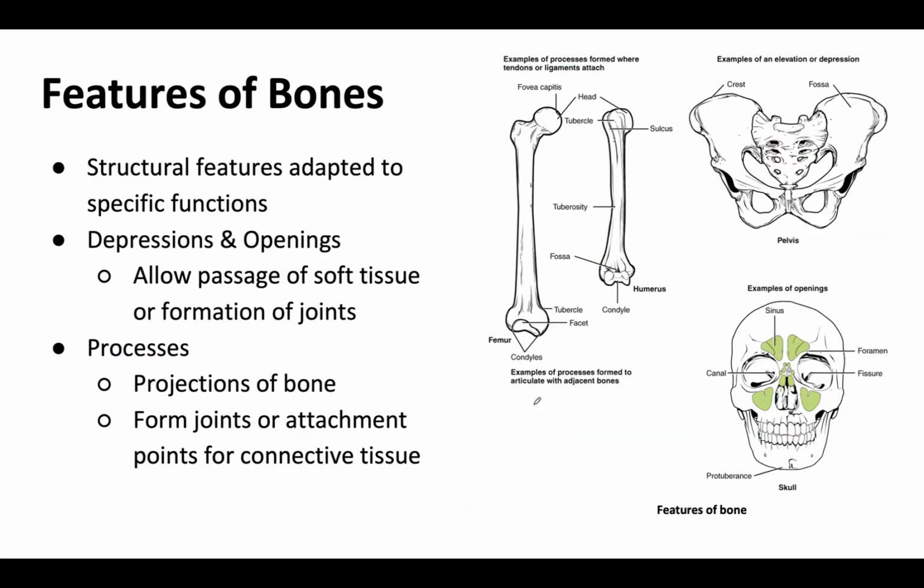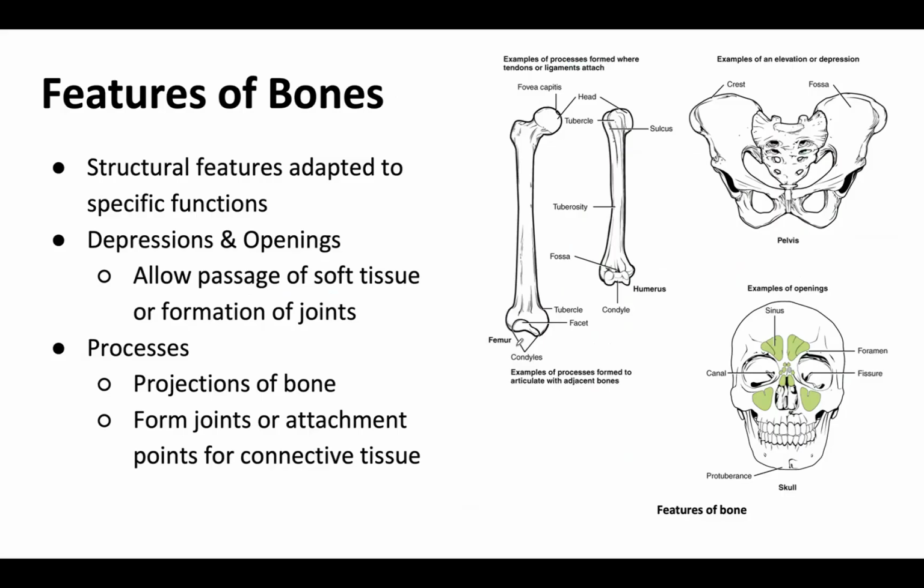Now we're going to be using a lot of terms to describe features of the individual bones, and these structural features are adapted for specific purposes. Many of these features are not present at birth, but they will develop in response to certain forces, and they'll be more prominent in association with the adult skeleton.